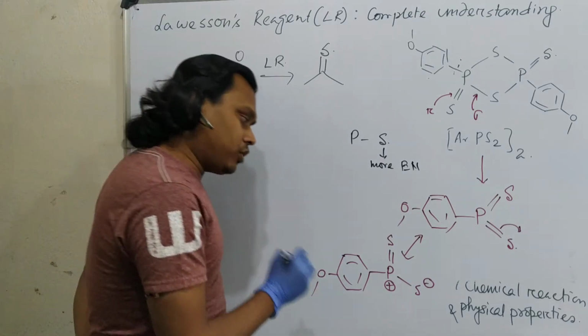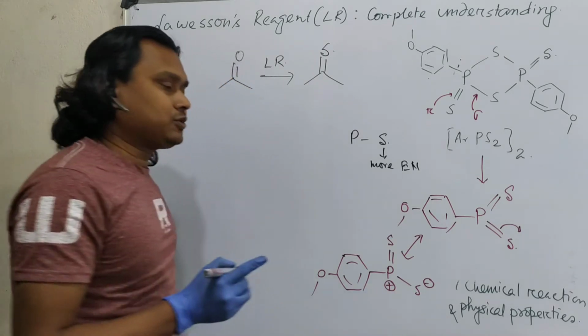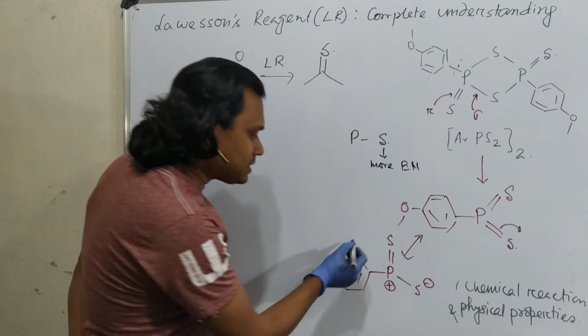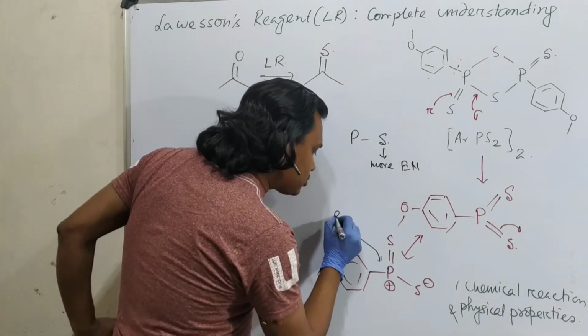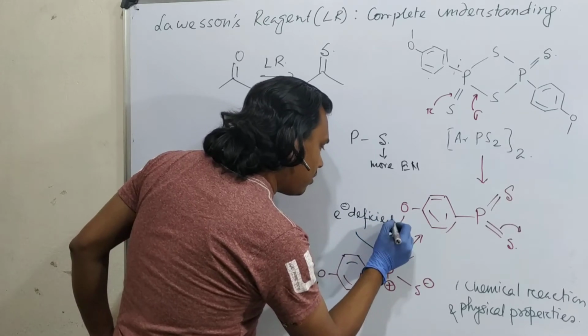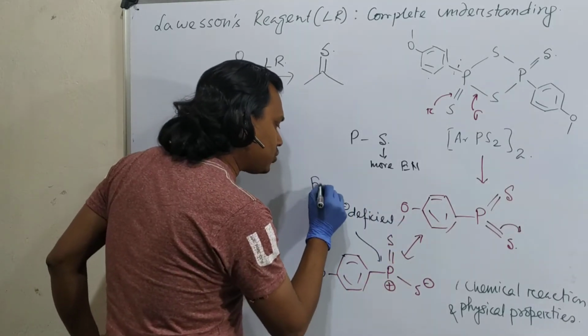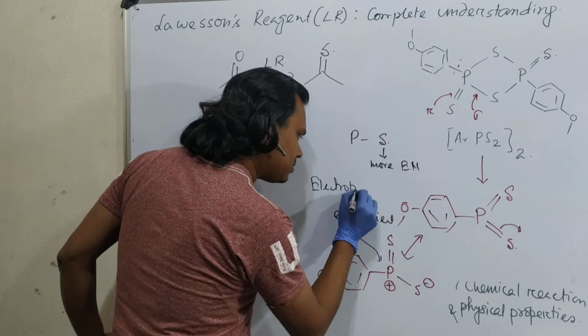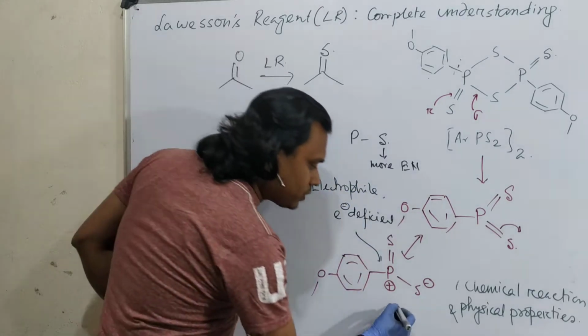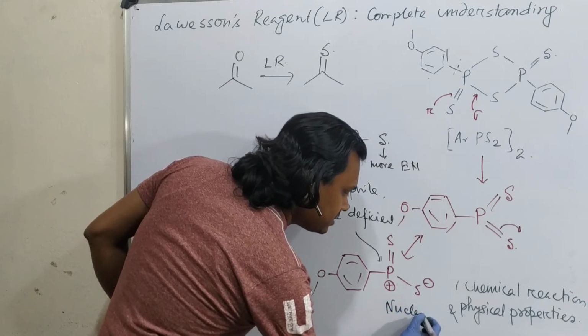But phosphorus is significantly electronegative because it is a nitrogen group element, so we can say this is electron deficient, or in technical terms you can say an electrophile, and this is electron rich. You can consider this as nucleophilic.